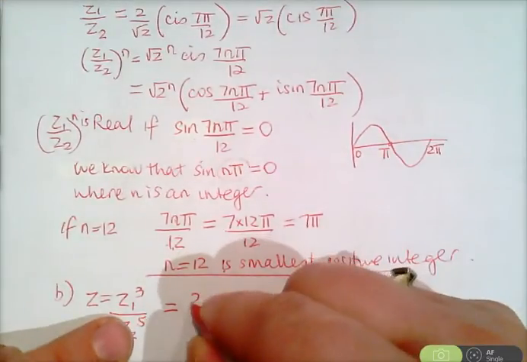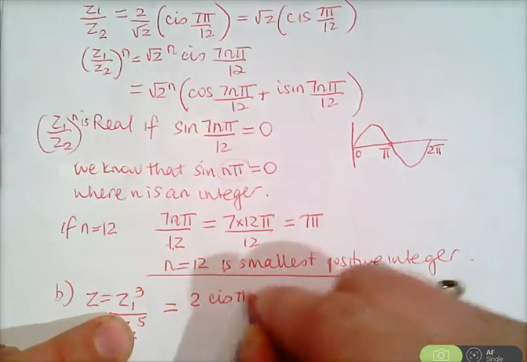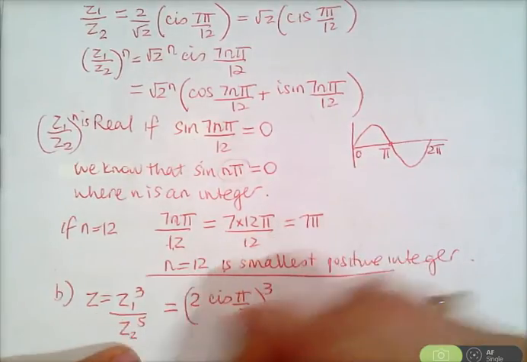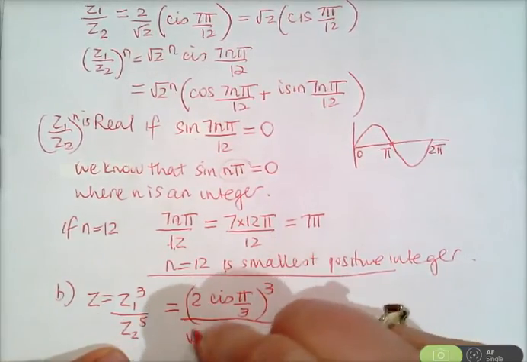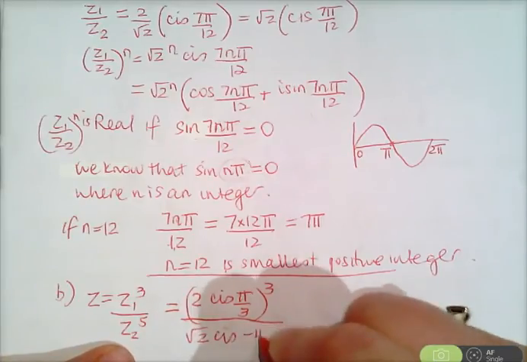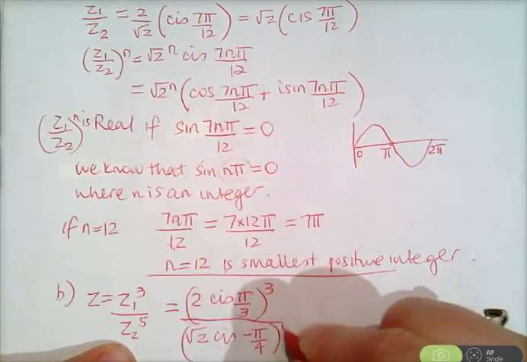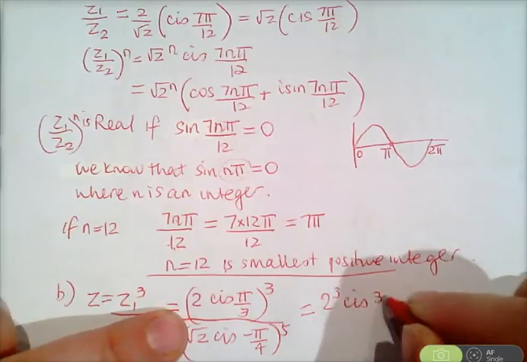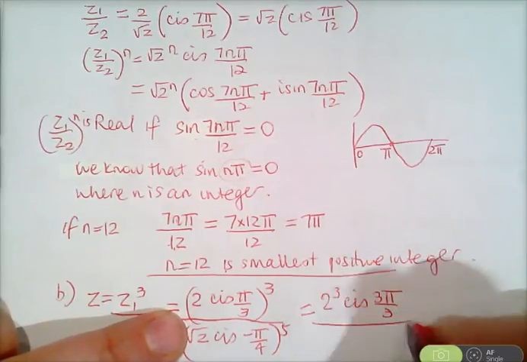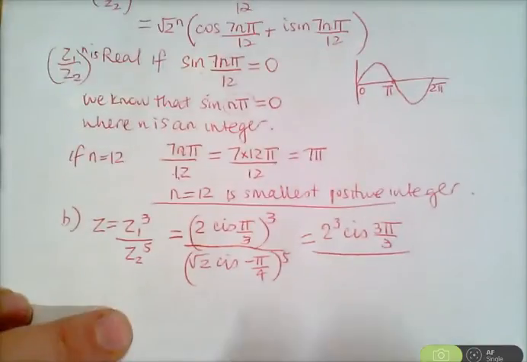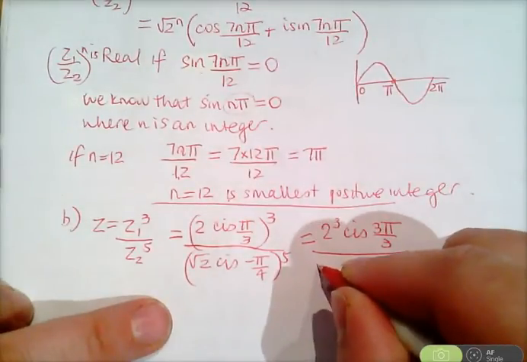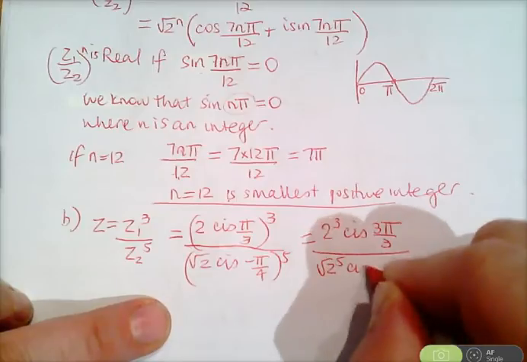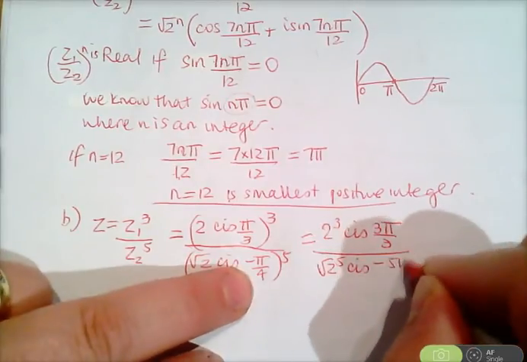Z1 cubed is 2 cis π/3 cubed, and Z2 to the power of 5 is root 2 cis minus π/4 to the power of 5. So this is 2 cubed cis 3π/3 over root 2 to the power of 5 cis minus 5π/4.